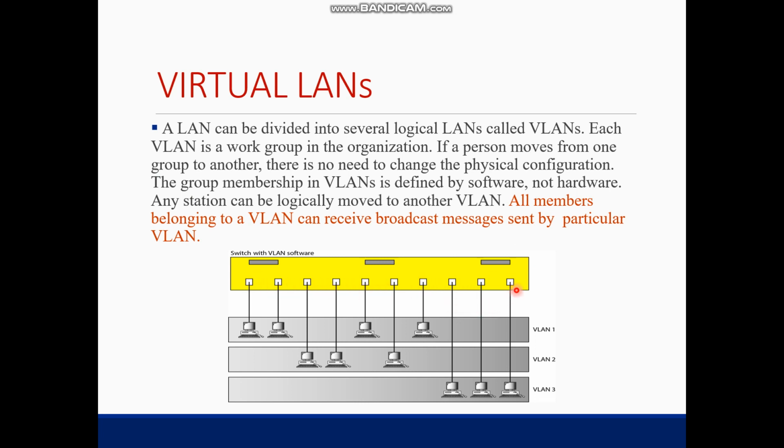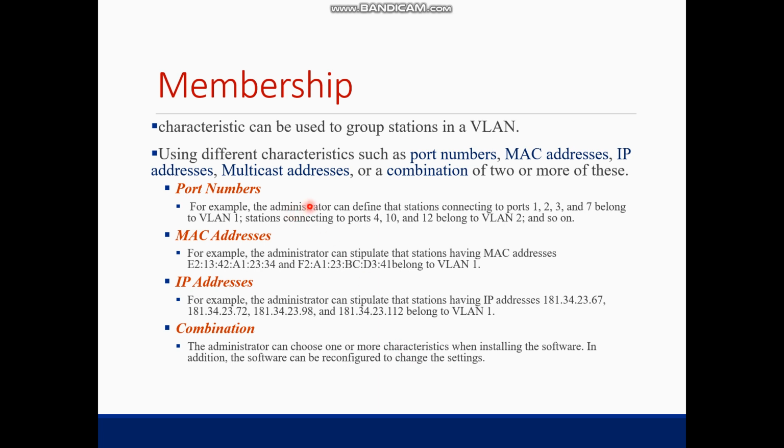So for example, ports 1, 2, and 3 are going to belong to VLAN 3, and those ports are going to belong to VLAN 1, and the other ports are going to belong to VLAN 2, or something like that. So you can define a VLAN based on the port number, and using the MAC addresses can also be a membership in order to group some hosts together, or some members together.